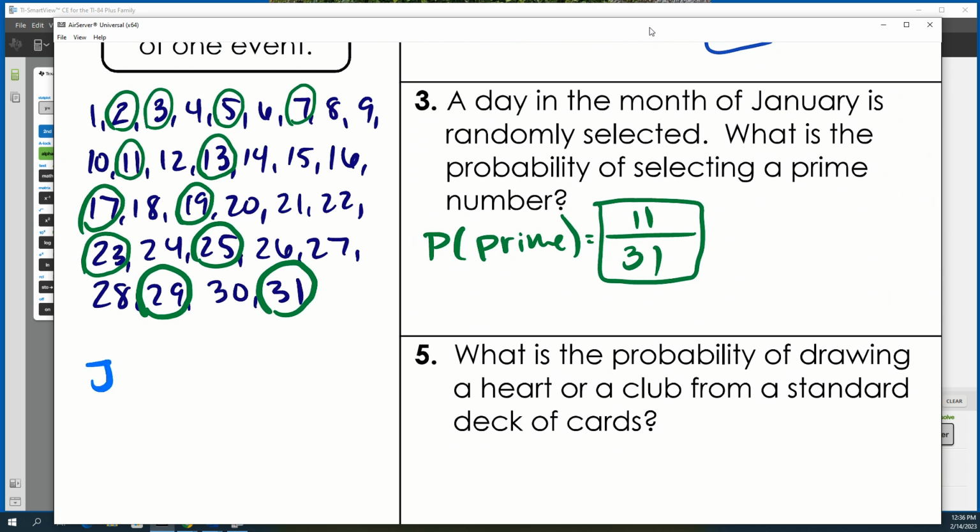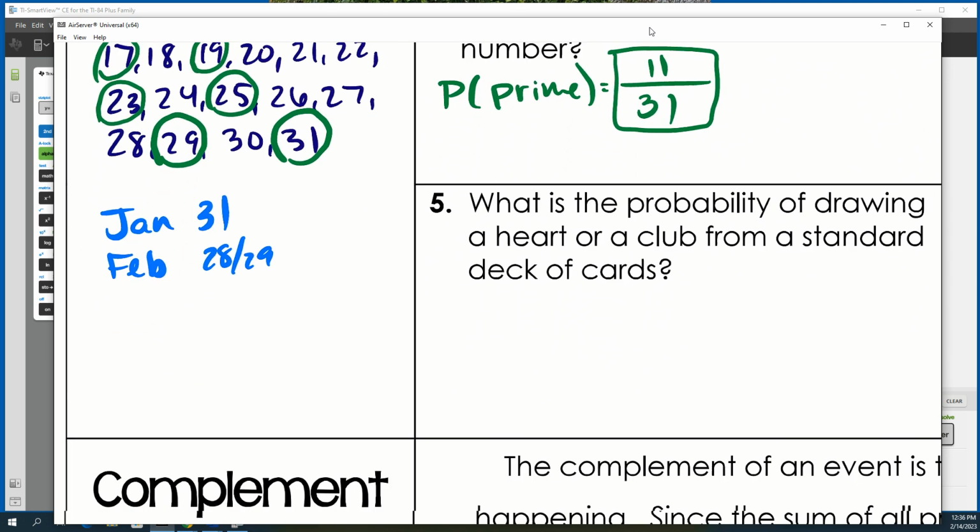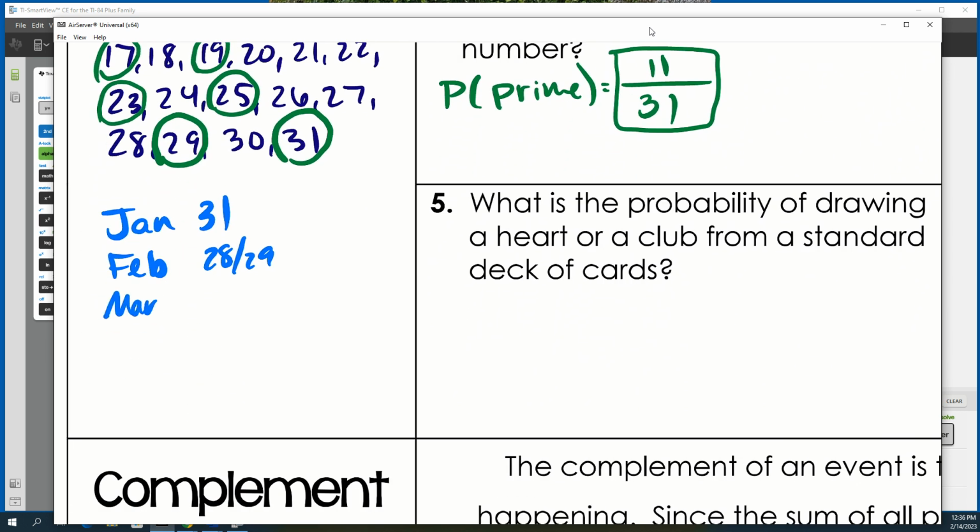So the number of days in each month, we'll jot it down in case you don't know. So every other month.